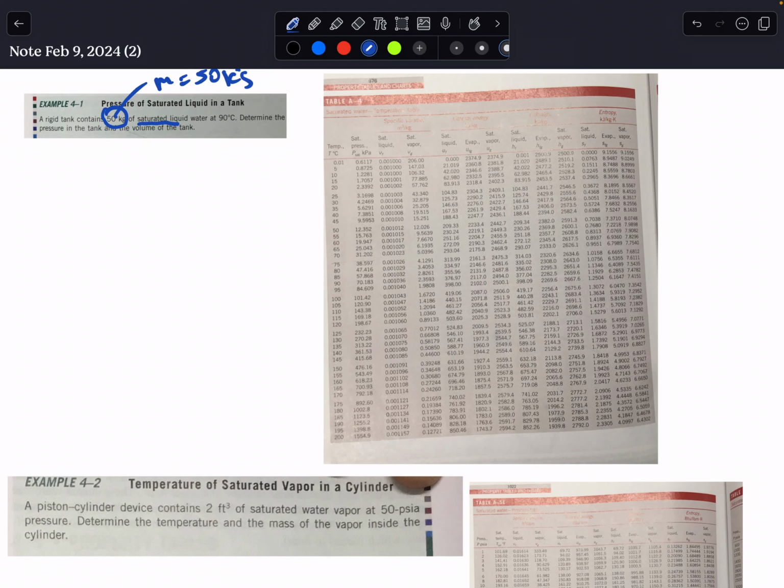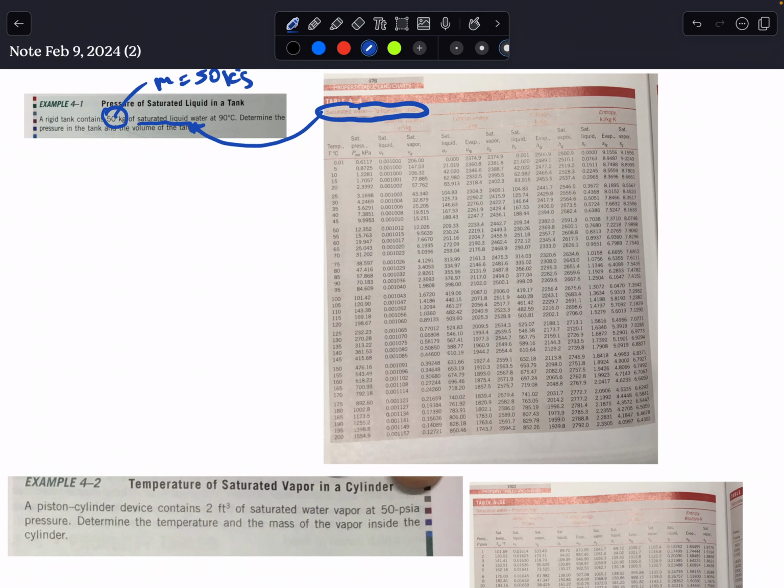So be careful. From this statement of saturated liquid, I can tell you that my table of property is saturated water, because I'm clearly seeing saturated liquid water. So it has defined my table of property.